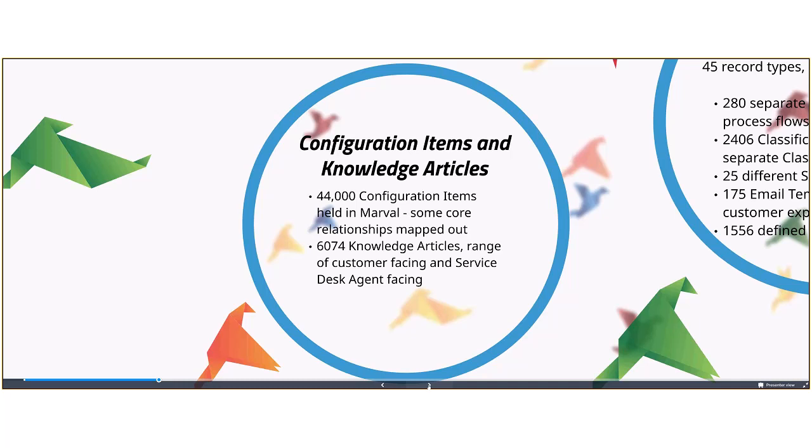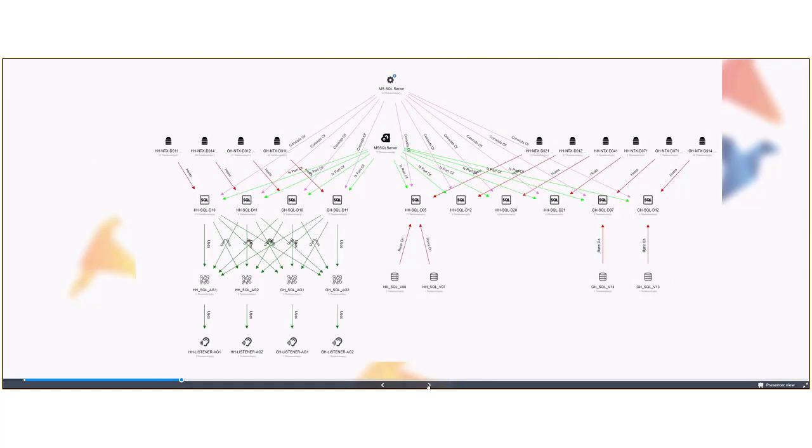There are currently about 44,000 active configuration items held within the service management system, and work is ongoing to map out some of the relationships between those and the technical services and the business services that they underpin. A quick example of that here is just an abstract view of our SQL Server technical service. And these are all of the config items and their relationships that is held within our configuration management system in Marvel.